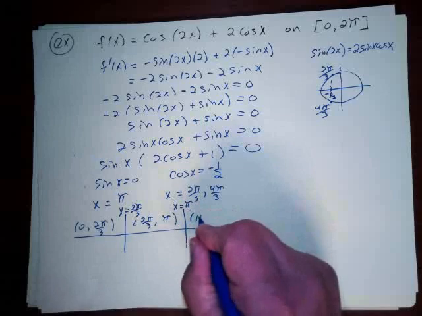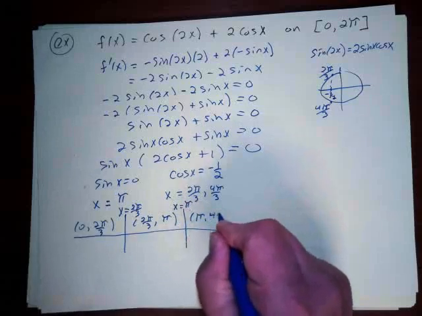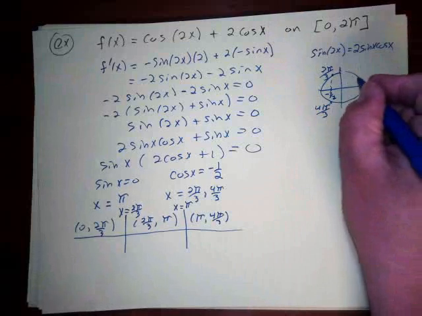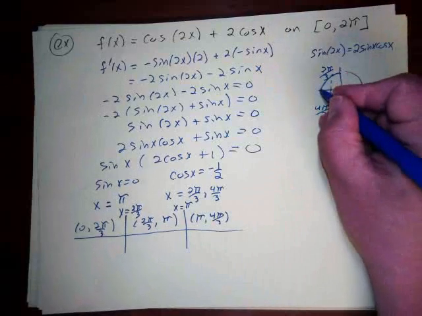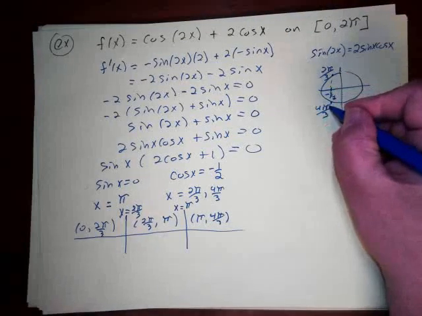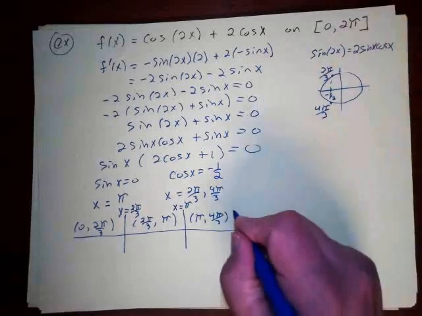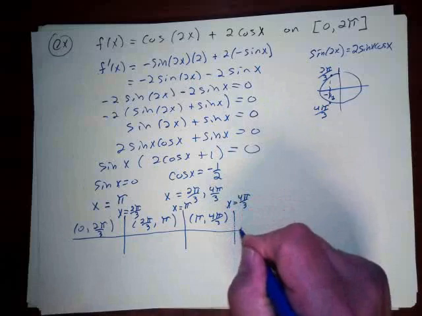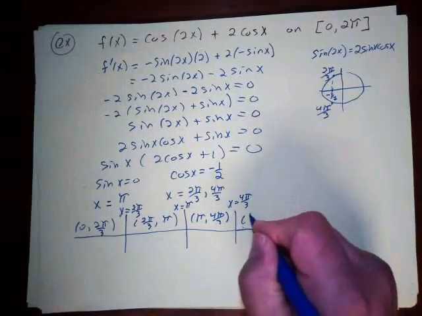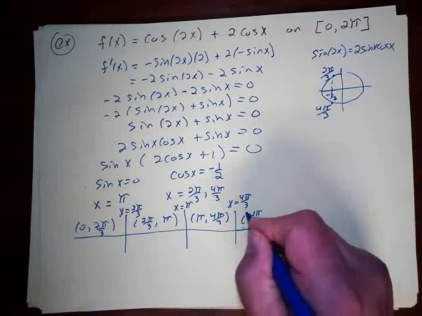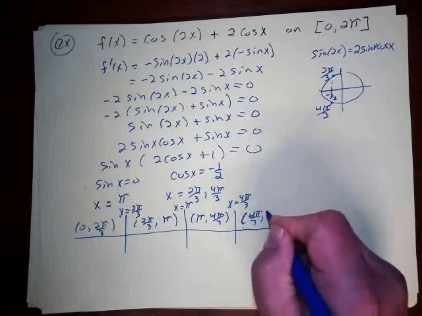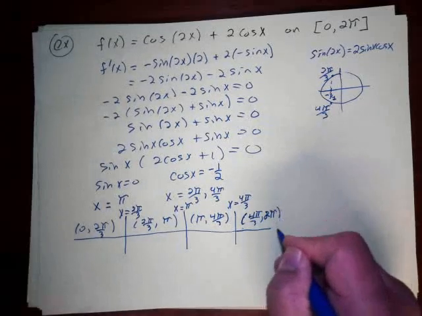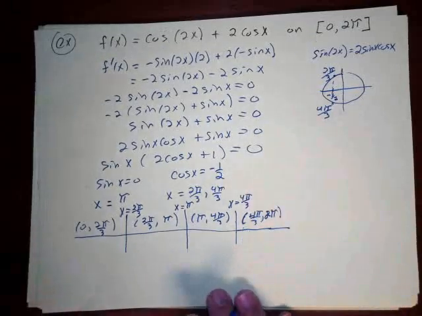And then I'm going to have pi to 4 pi over 3. So like from 0 to 2 pi over 3, 2 pi over 3 to pi, pi to 4 pi over 3, and then 4 pi over 3. That takes me to this point. And then 4 pi over 3 to 2 pi. So my table would look something like this.